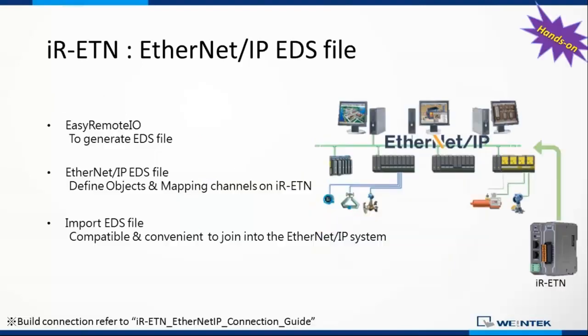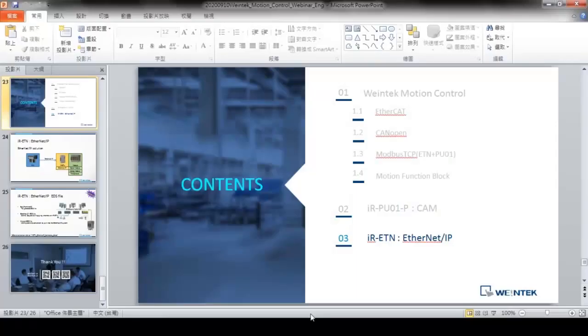So let's take a look at importing the EDS file. And if you're going to use these functions, you can refer to the iR-ETN Ethernet IP connection guide on our website.